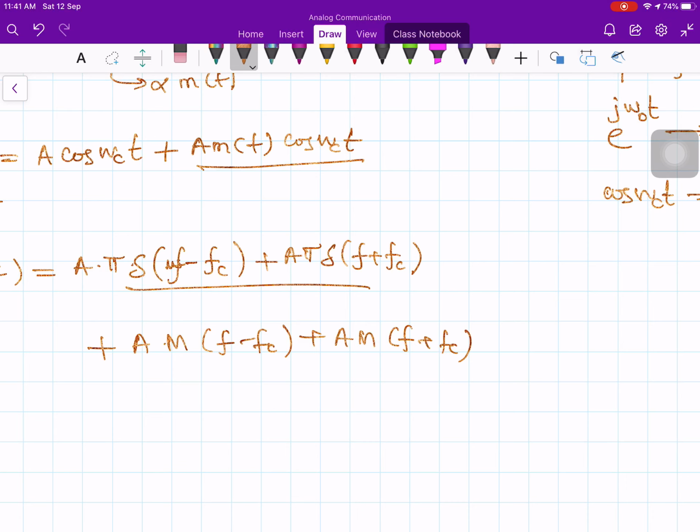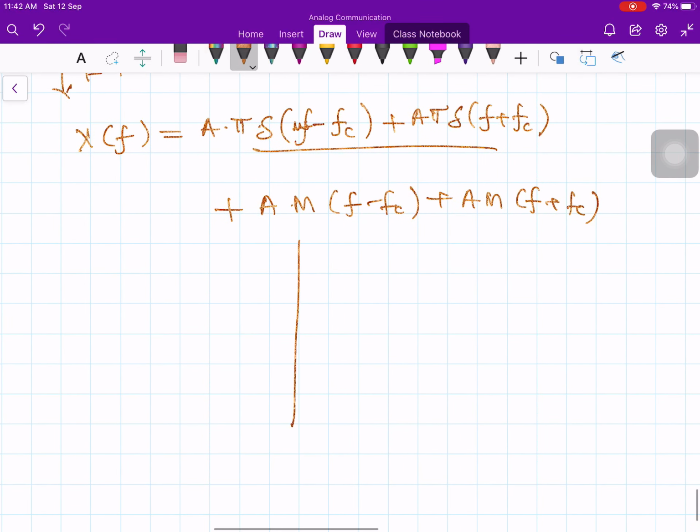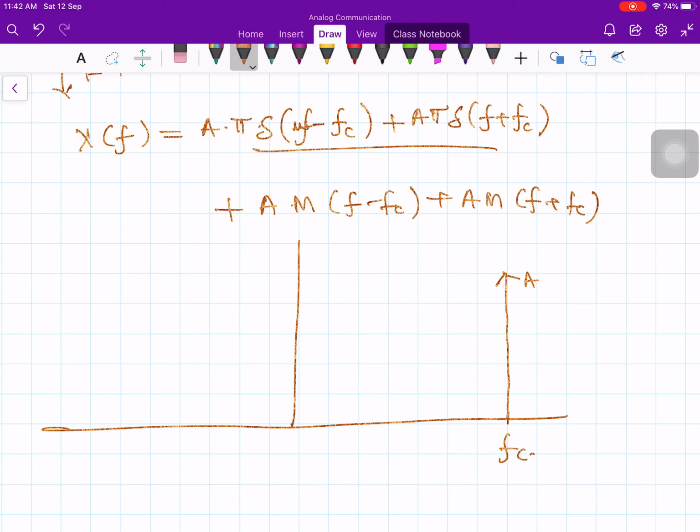So I have 4 components here. Now let us plot these 4 components on the frequency axis. Let's say this is my fc. At fc I have a delta function. Let me plot the delta function, its strength is A times pi. And at minus fc I have one more delta impulse component, A times pi.